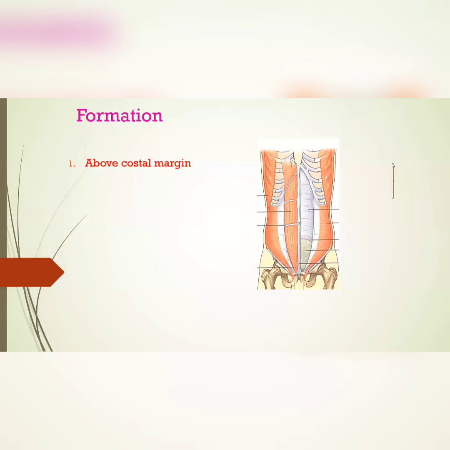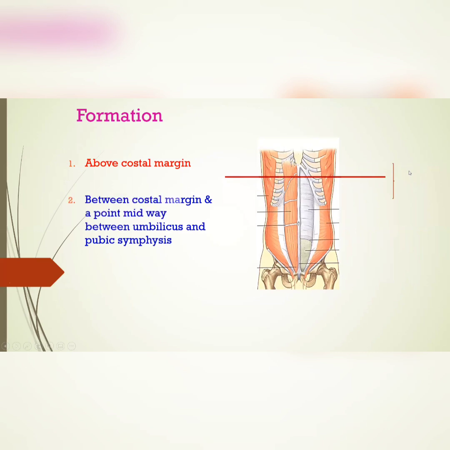One is marked by the bracket here, that is above the level of the costal margin. This is the first point where we are going to learn about the layers of the rectus sheath above the costal margin. The second point is between the costal margin and a point between the umbilicus and pubic symphysis. That is represented by the blue bracket.